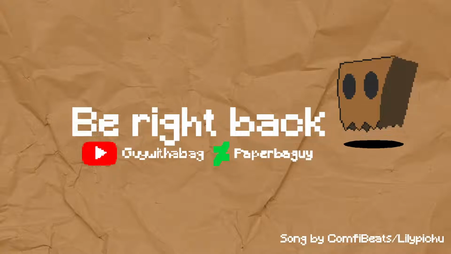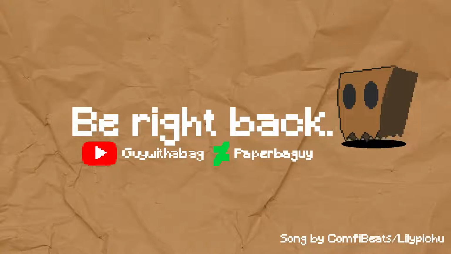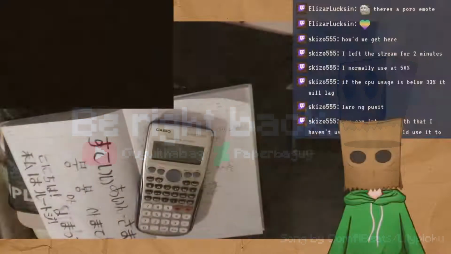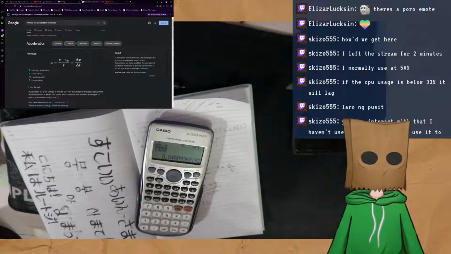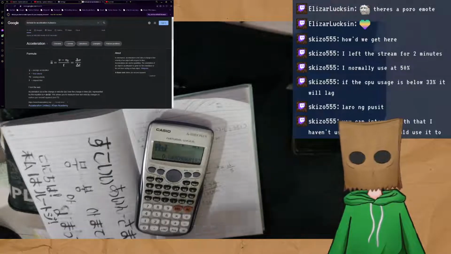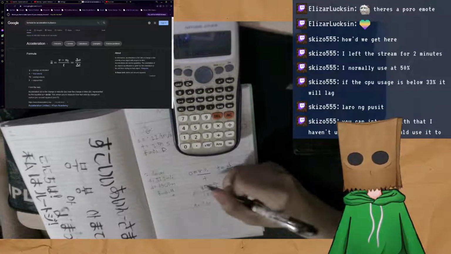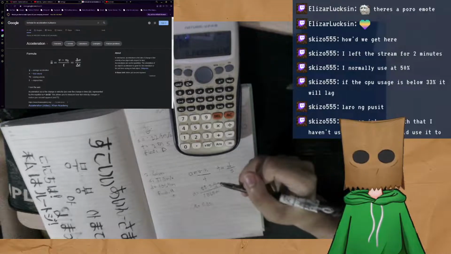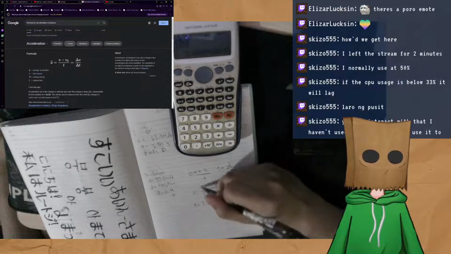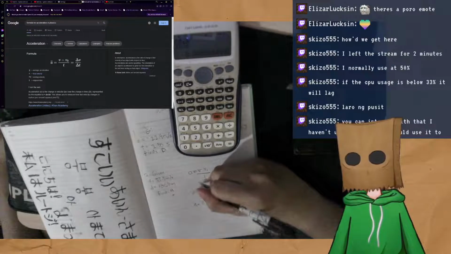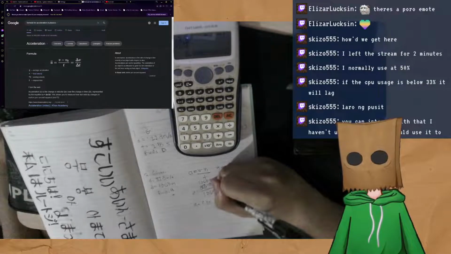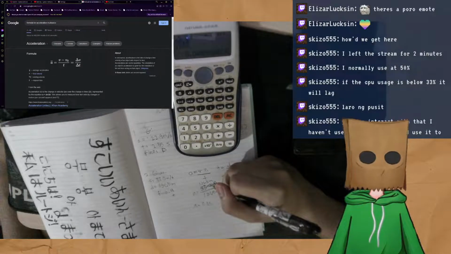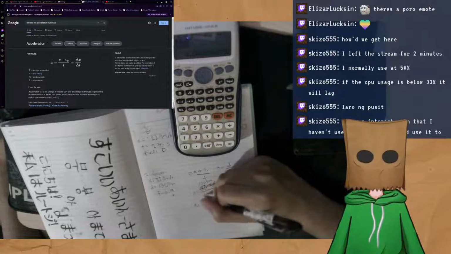Oh wait, I put the wrong values. That's why it's wrong. I flipped it, I think. I don't have the time yet.